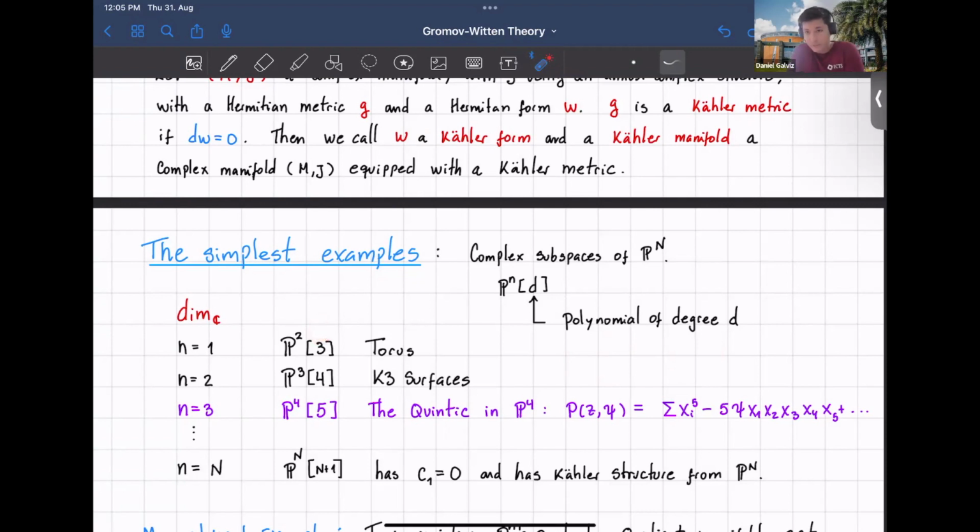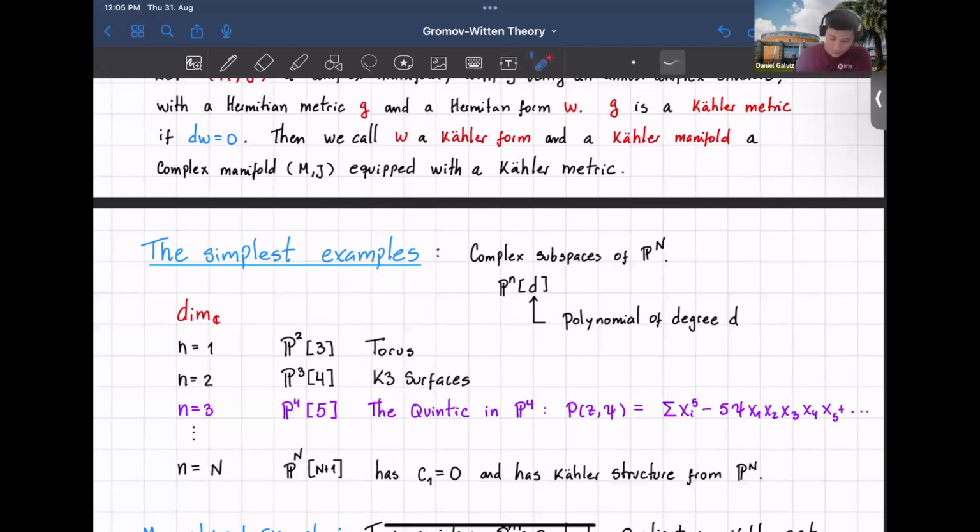For example, you can have polynomials of degree 2 or 5 on P2, but these won't have the condition that c1 is equal to 0. Because they don't have this condition, those examples are not Calabi-Yaus. So you can show that a polynomial of degree 3 gives a Calabi-Yau, and this is a torus.